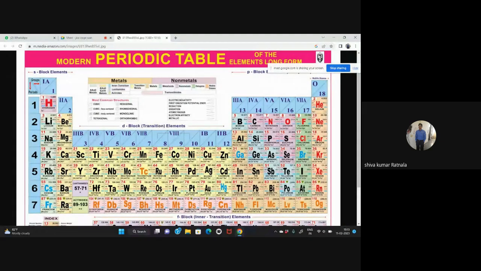Next, helium, neon, argon, krypton, xenon, radon, and oganesson. These are all inert gases, the 18th group. These groups are called P block elements, from the 13th to the 18th group. Now this is completely P block.